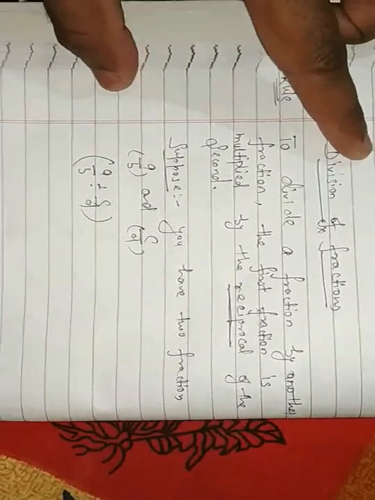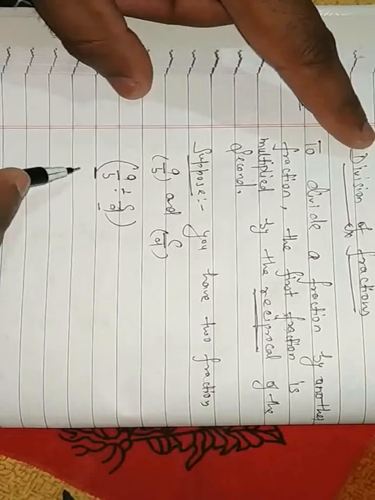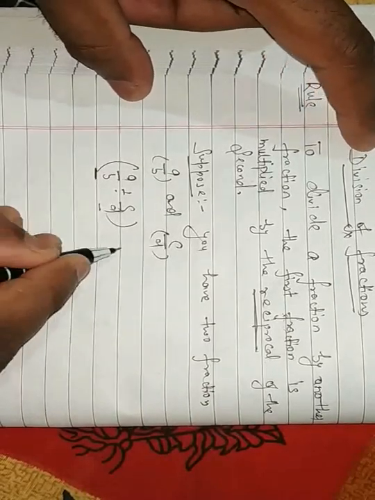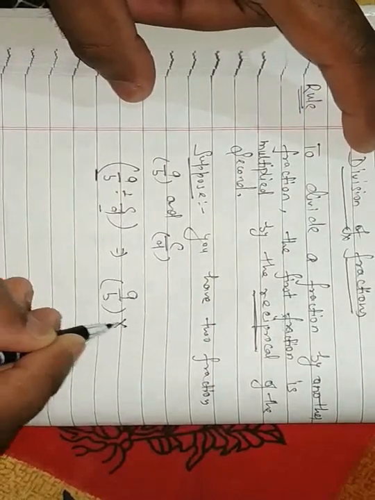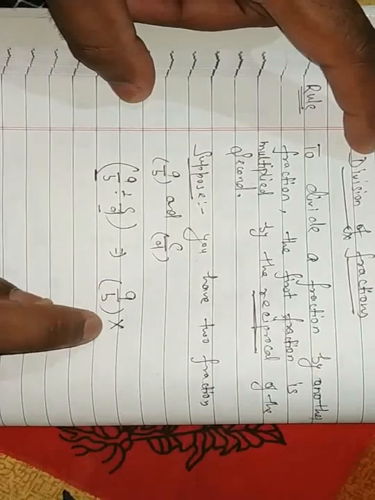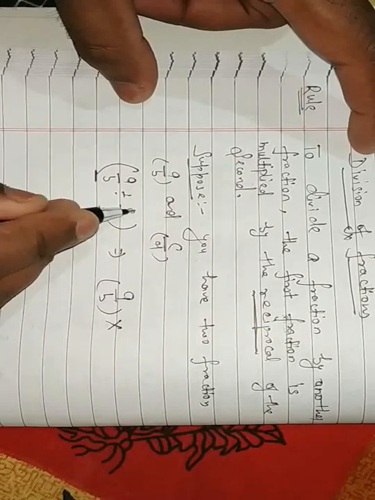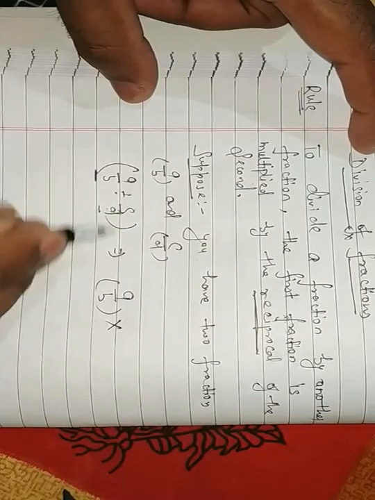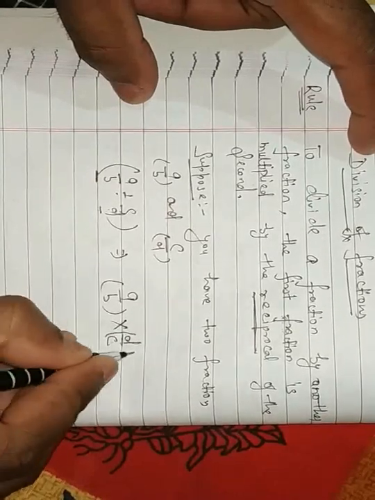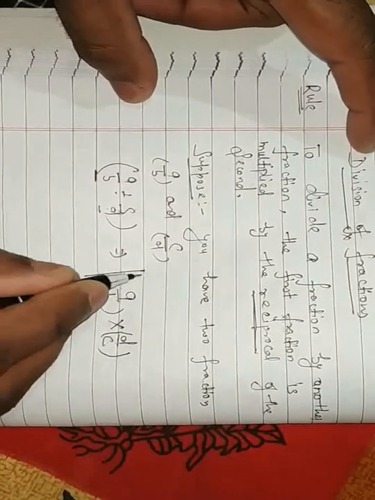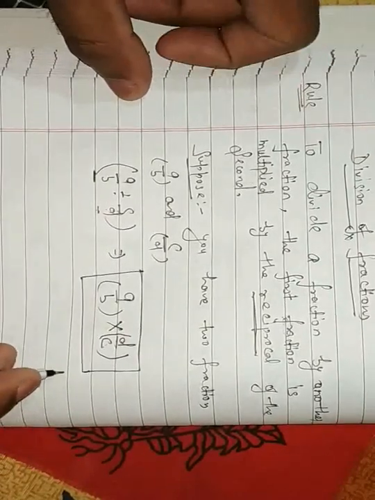We will multiply the first fraction with the reciprocal of the second fraction. What is the second fraction? C by d. And what will be the reciprocal of c by d? It will be d by c. So this is the proper way of dividing two fractions.